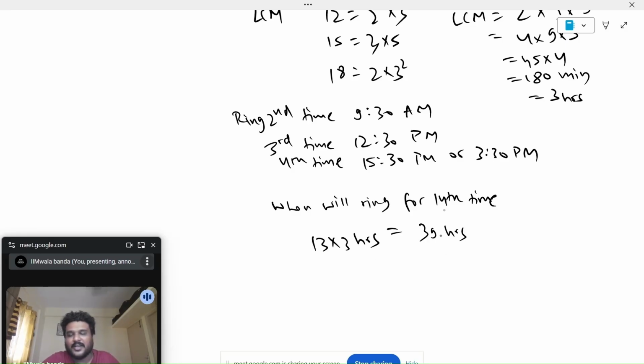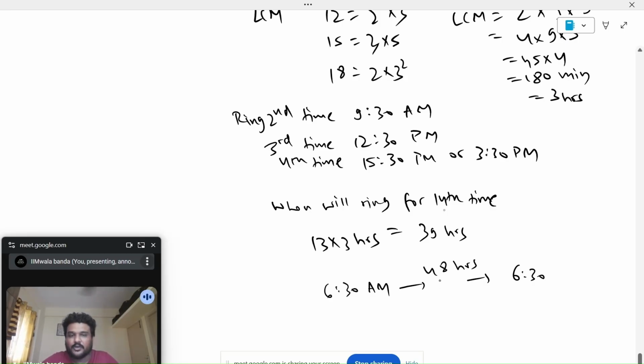Now 39 hours is what? 6:30, they rang for the first time, then 24 hours, then again 24 hours. So it will be 6:30 again, but it has been 24 and 24 is 48 hours. But it's not 48 hours, it's less.